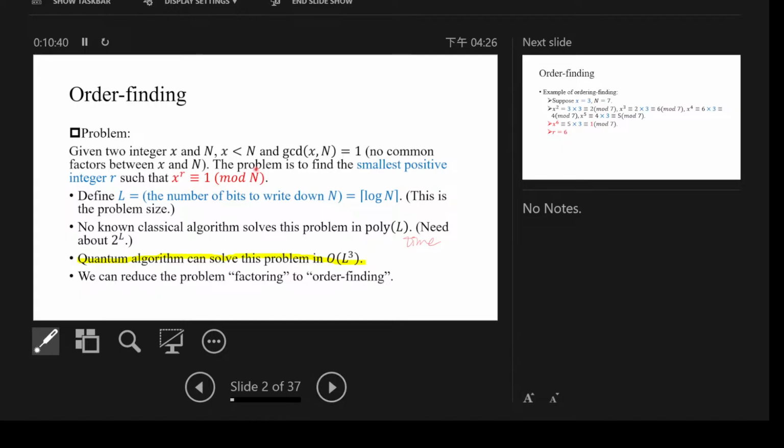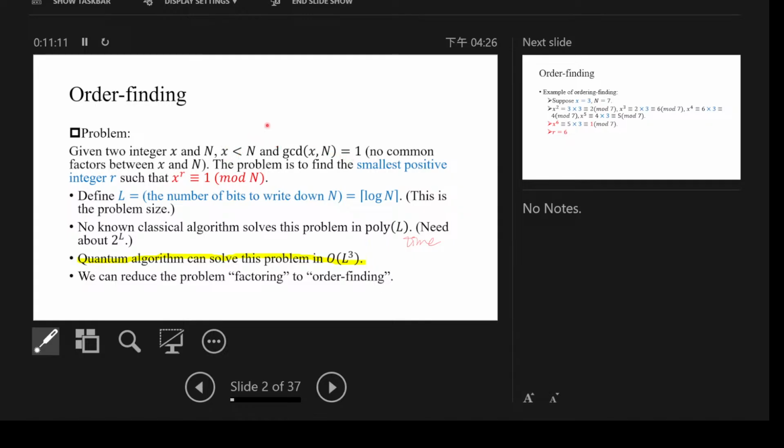Our input now is just two integers: integer x and integer n. n is bigger than x, and x and n have no common factor. We write that as GCD, greatest common divisor, equal to 1, which means x and n are co-prime to each other, and x is less than n.